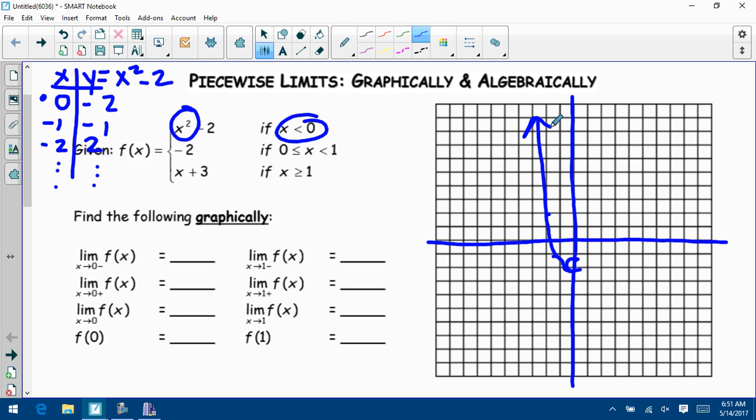Now between 0 and 1, it's just negative 2. There's not really a lot to show for a table there, if you really want to. 0, which is going to be a closed circle because it's less than or equal to, is negative 2. And 1, which is going to be an open circle, is also negative 2. So that means this gets filled in here.